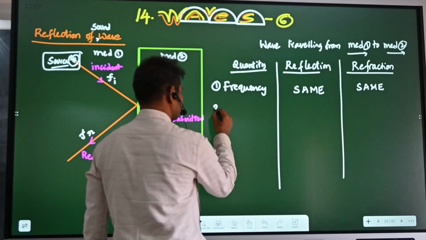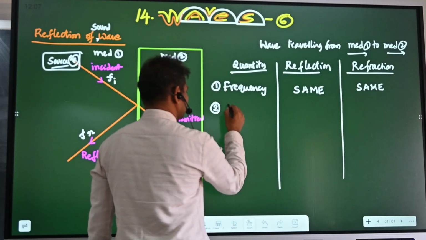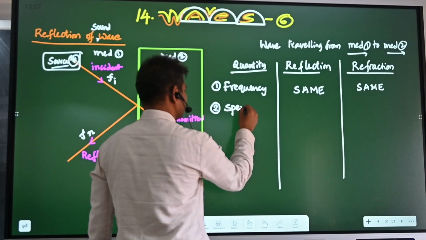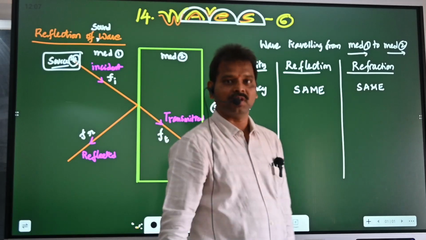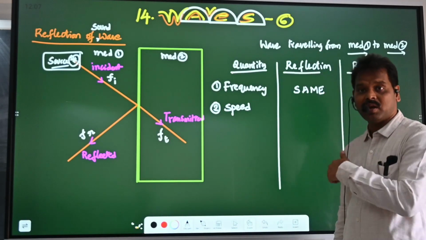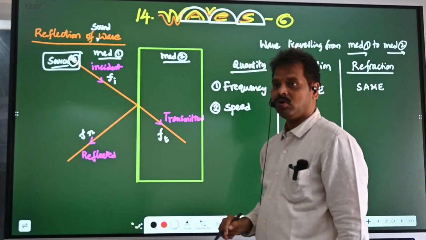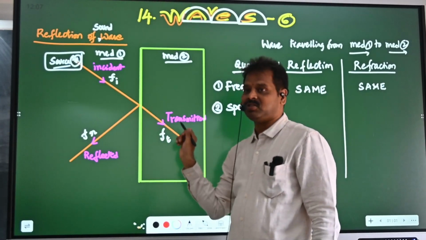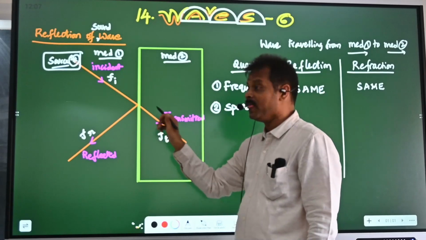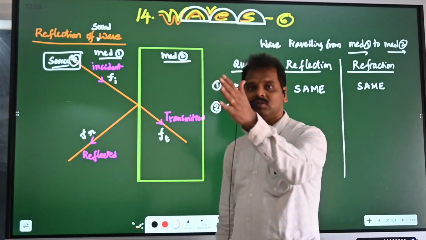Number 2, speed of the wave. This we studied in school standard. Here this is medium 1. This is medium 2. Then speed compulsorily changes when it travels from one medium to another medium. But in a single medium, speed never changes.